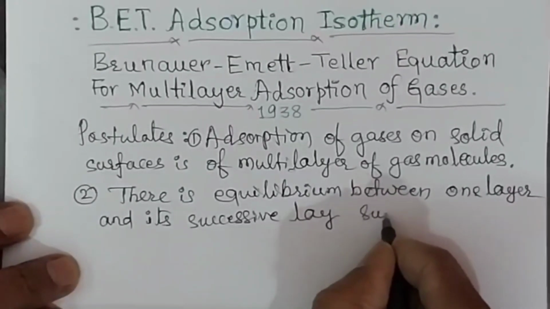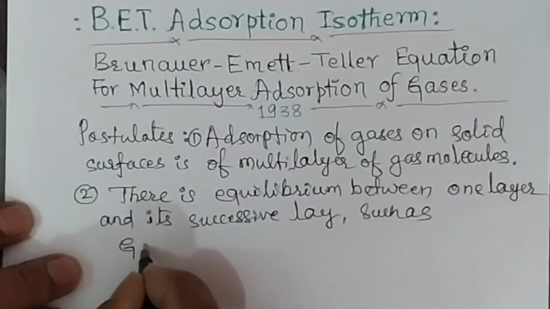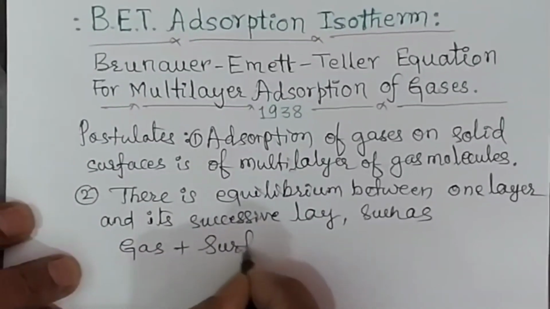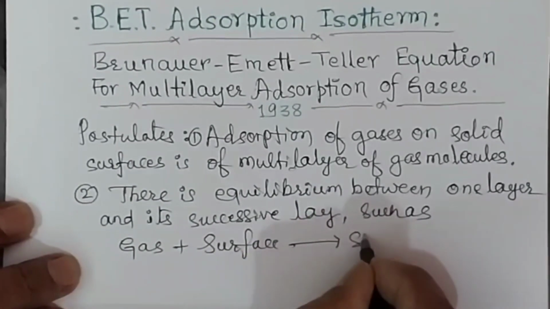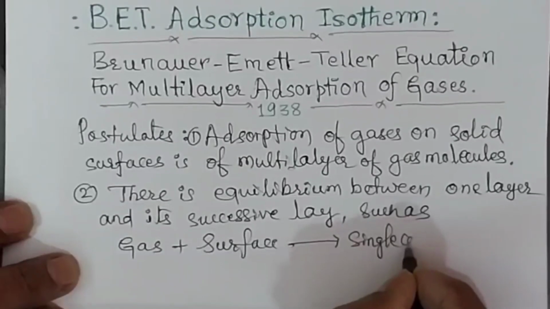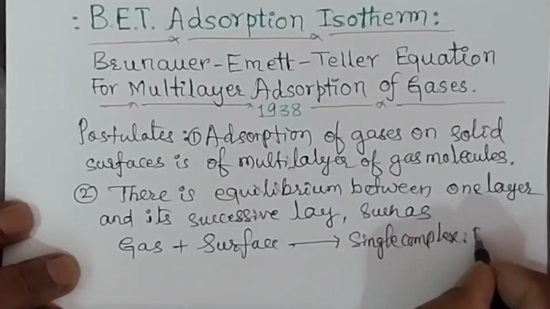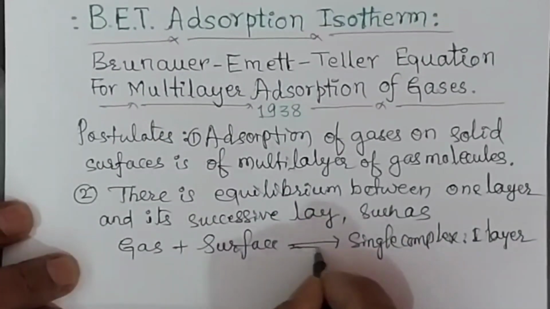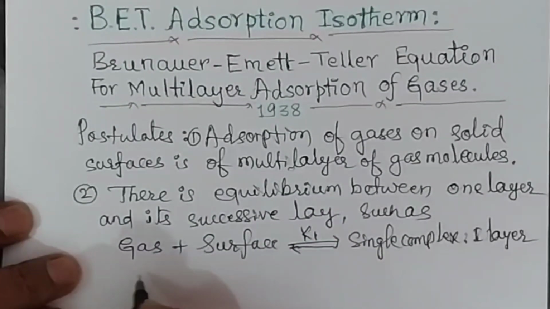Such as, a gas plus surface forms a single complex, and this is called the first layer, with equilibrium constant K1.